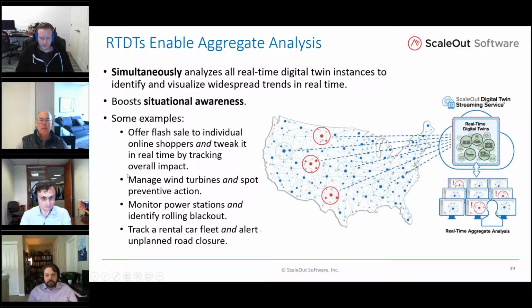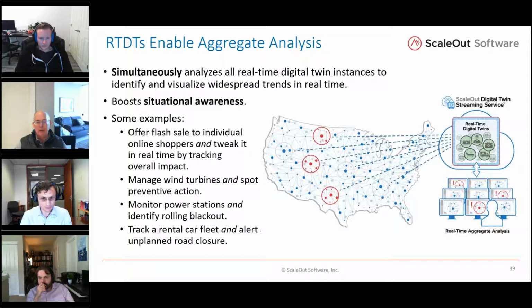Here are some examples of how this will boost situational awareness for the overall system. We talked about a flash sale and how you can look at what shoppers are buying. If you put some product on special, you can then do aggregate analysis for those shoppers that have that in their cart to see, did more shoppers put it in the cart, how long has it been kept in the cart, and how many conversions were made.